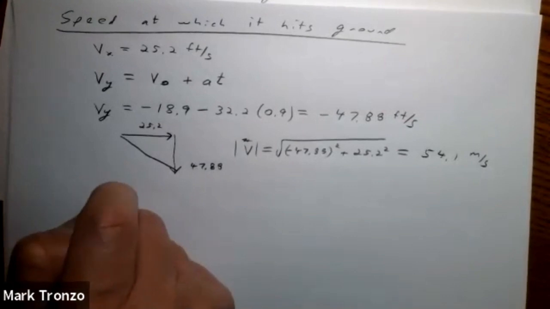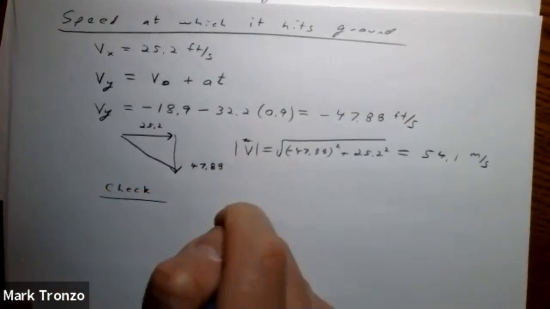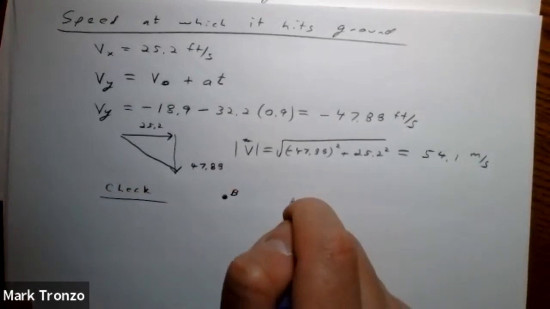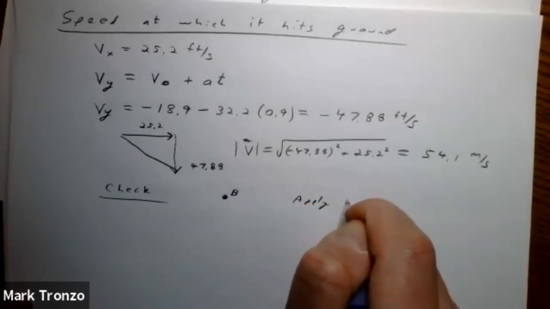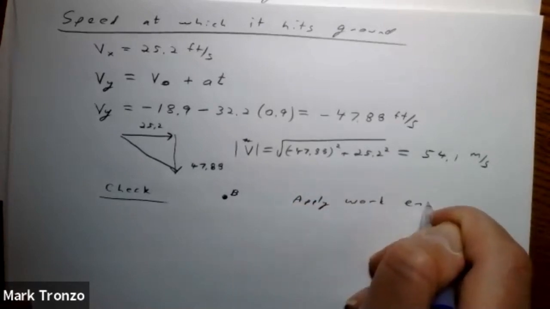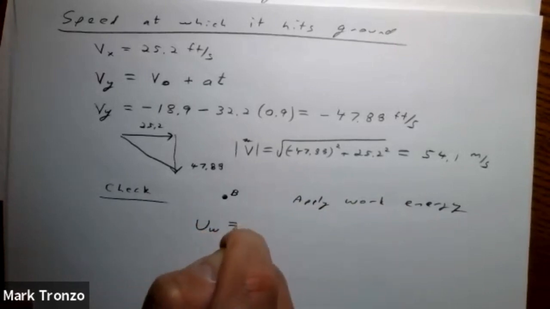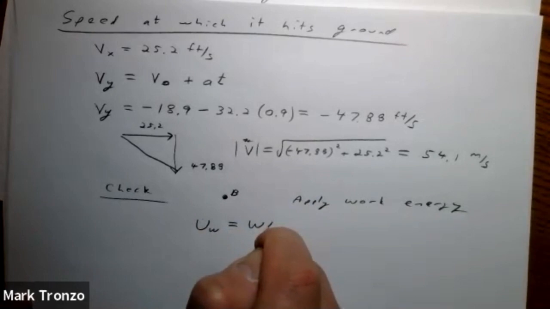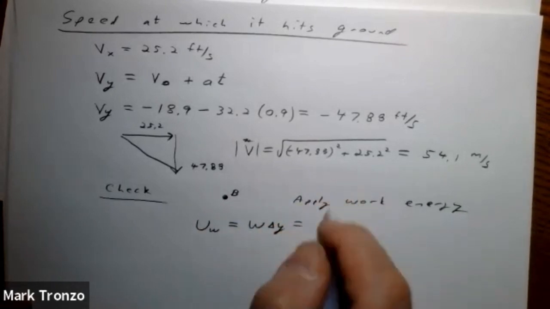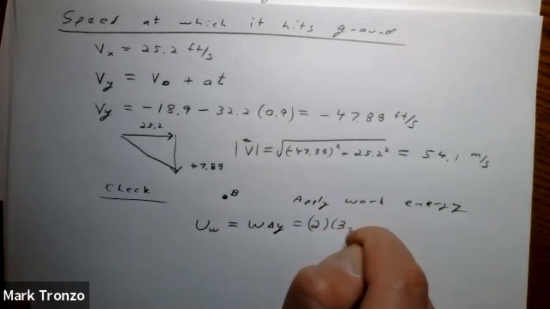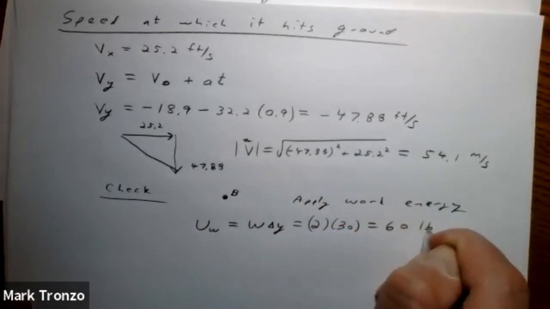Now, just real quick, we could check this. If we go from point B and apply work energy, U from the work is going to be our weight times our delta Y, and our weight was 2 pounds. 2 pounds is going to drop 30 feet, which is 60 pound-feet.